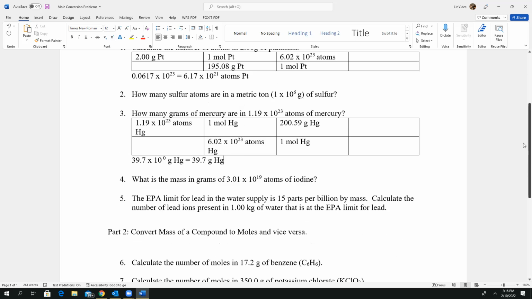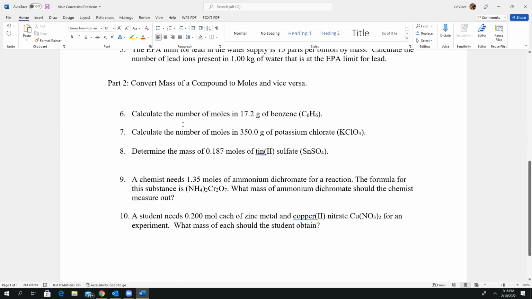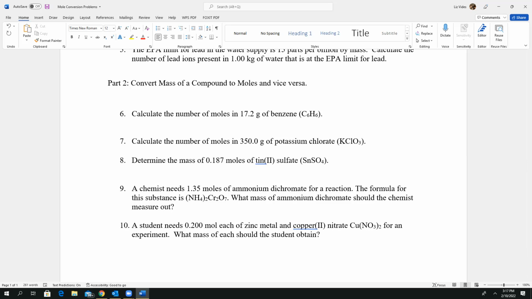All right. Okay, so we're going to move out of here. And this is using molar mass of a compound. So far we haven't used molar mass of any compound. So I'm going to go ahead and do the top one. For that one, we're first going to have to calculate the molar mass. So the molar mass is 6 times 12.01 because we have that many carbons, right? And then we're going to have 6 times 1.01, which is how many hydrogens we have.